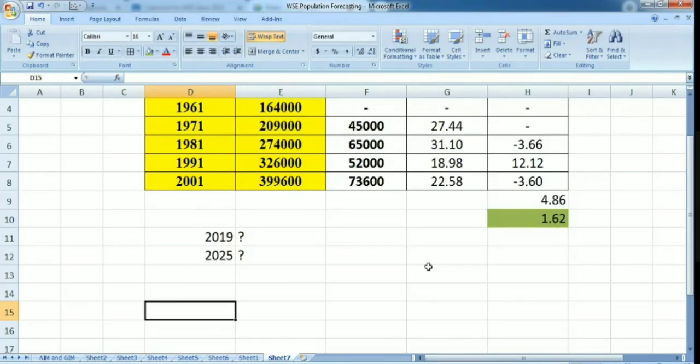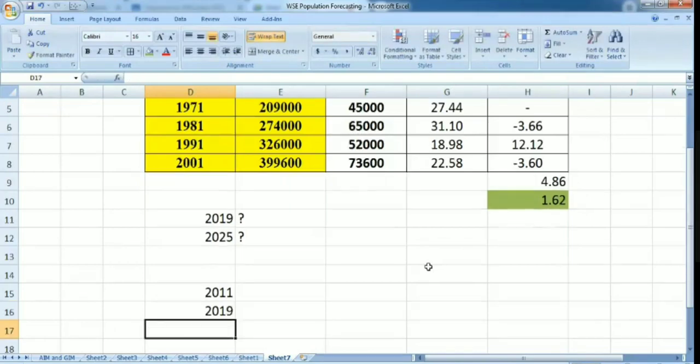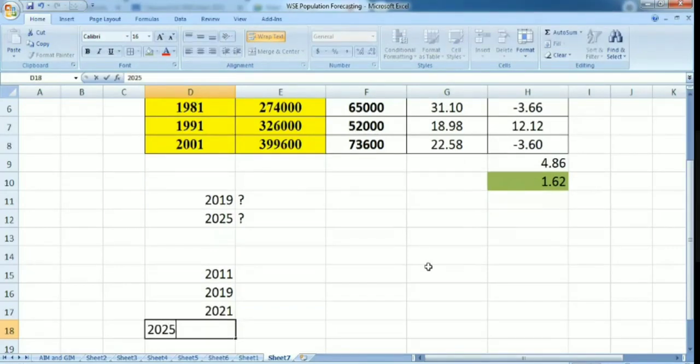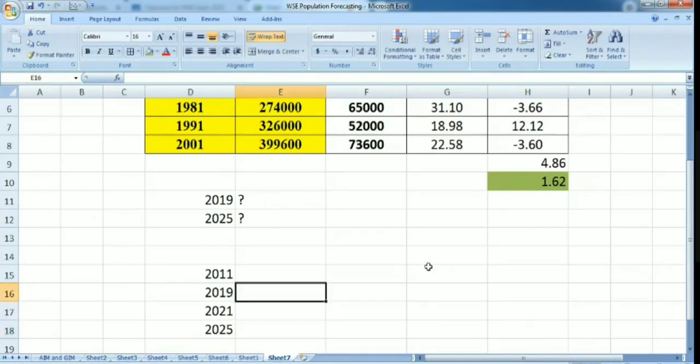So first thing is you should go for 2011. Then I'll calculate 2019. Using the 2011 population, I'll go for 2021. Then I'll go for 2025. Am I clear? Any doubt there?